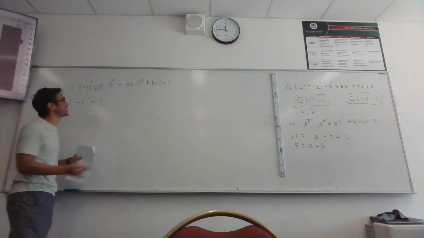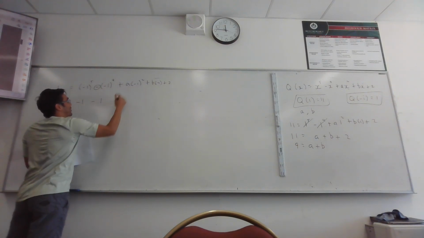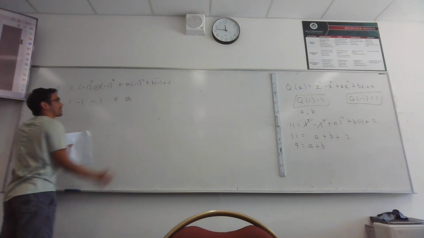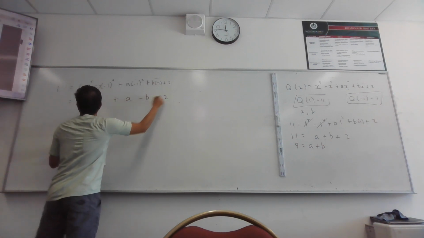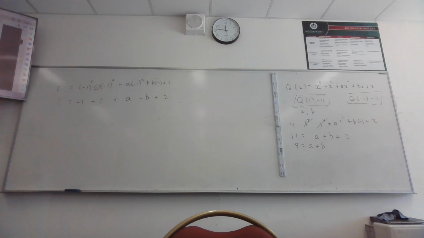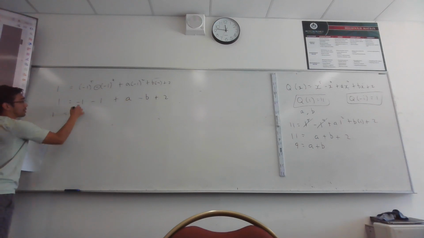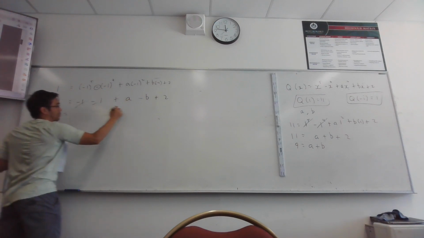I was going to say 4. Okay. Negative 1 squared is a positive A. Take away B plus 2. And we're left with a 1, as Amy said. You clean them all up. So 1 equals A minus B.